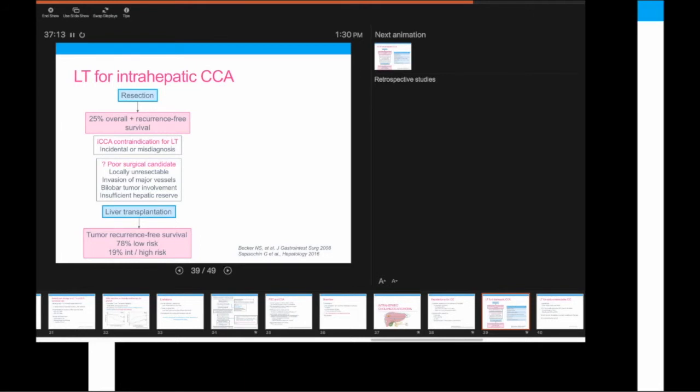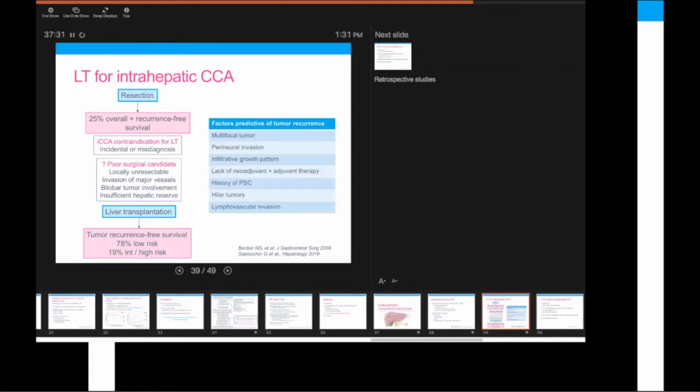Patients who had low-risk disease had 78% survival, and patients who had intermediate or high risk had a lower survival rate of 19%. Factors predictive of tumor recurrence, again, were similar: multifocal tumor, perineural invasion, infiltrative growth pattern, lack of neoadjuvant or adjuvant therapy, history of PSC, hilar tumors, and lymphovascular invasion.